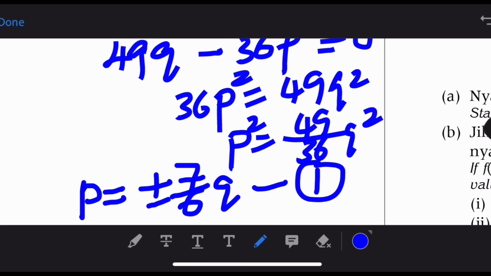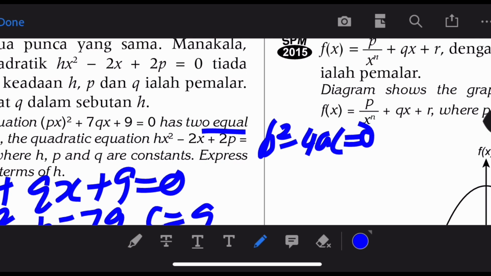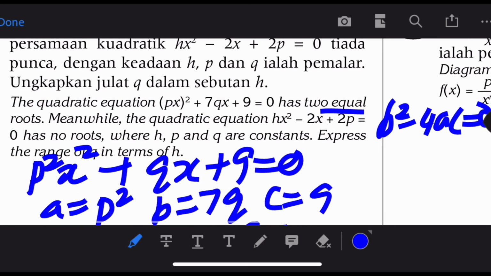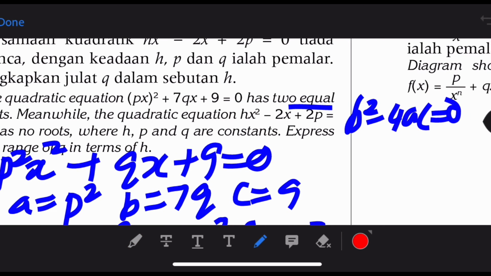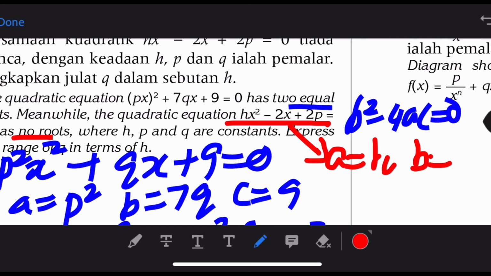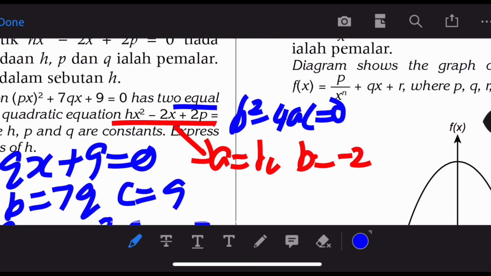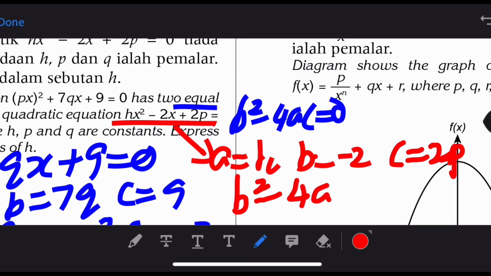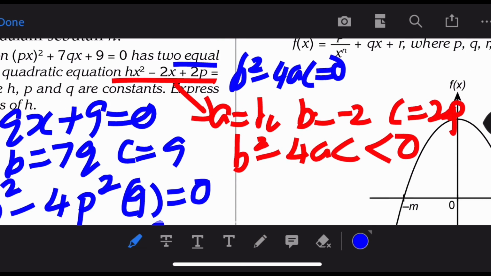This is number 1. Now for number 2, we have another story. It's quite confusing. For number 2, the other quadratic equation has no roots. A is h, b is negative 2, and c is 2p. We use b squared minus 4ac less than 0 because the question mentioned no roots.